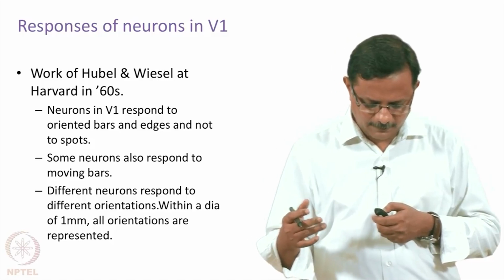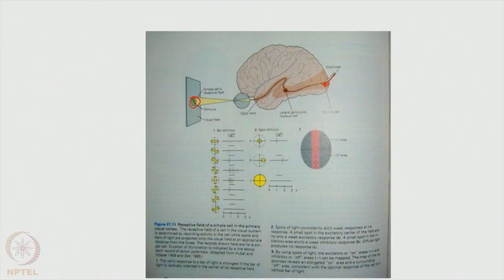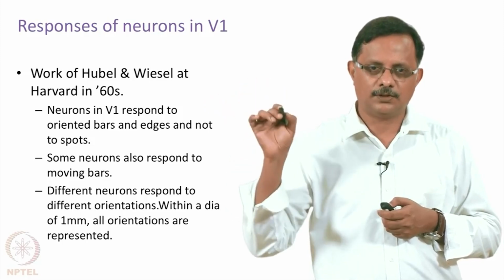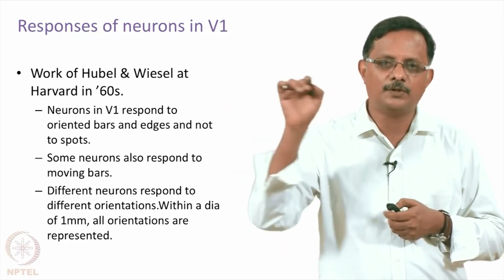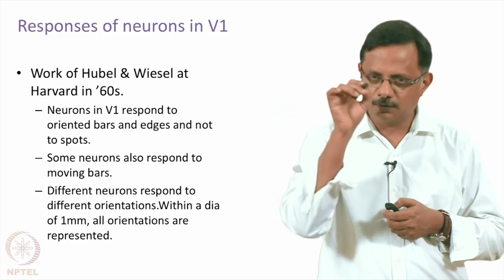For example, in this picture, if you showed a little light spot, this is the receptive field of a neuron. I am recording from this neuron, and this circle indicates where you can give an input so as to produce a response in this neuron. If you give an input outside that circle, it will not reach that neuron, so whatever you do, you have to do within that little circle.